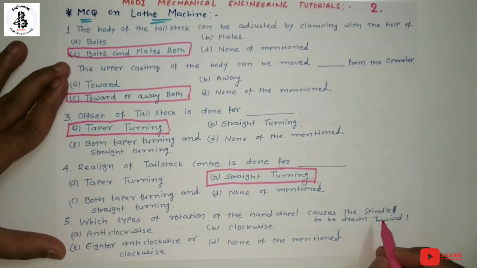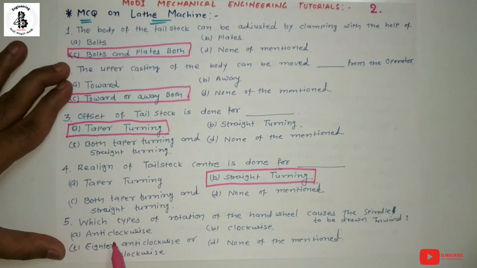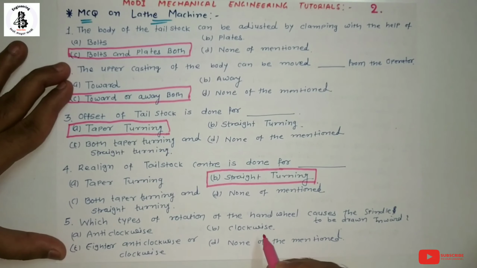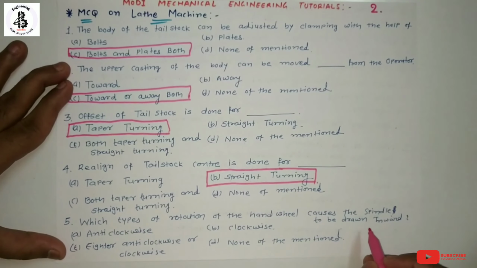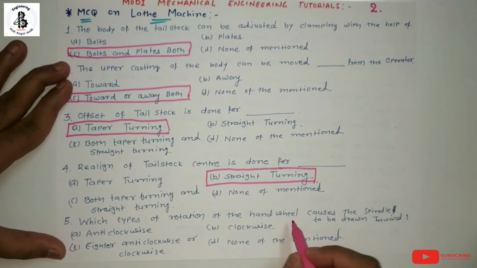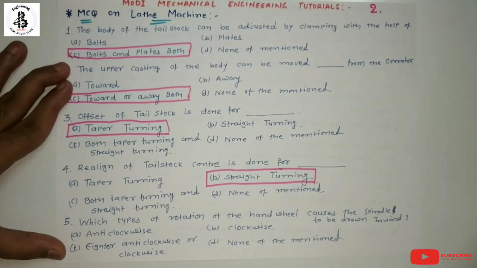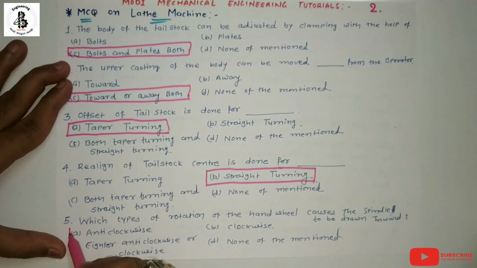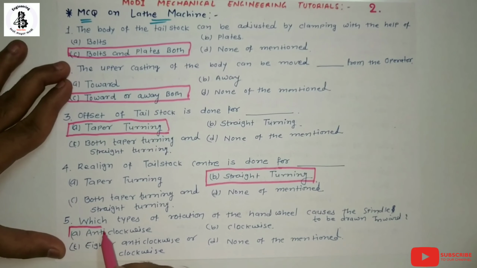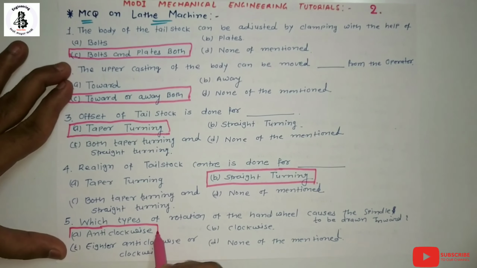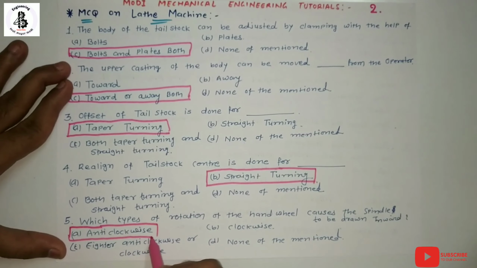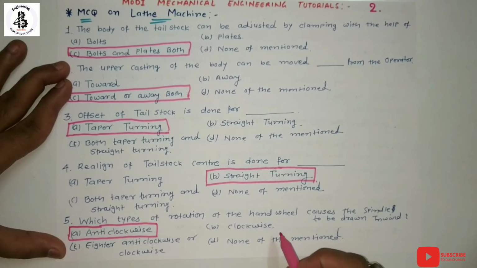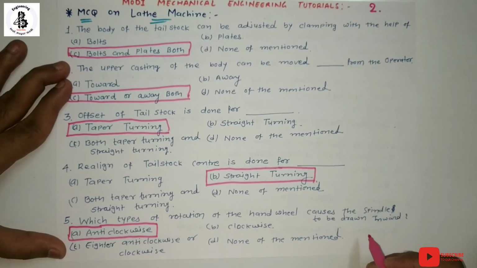So for inward motion of that particular spindle, the rotation of the handwheel will be anti-clockwise. So anti-clockwise rotation of the handwheel causes the spindle to be drawn inward.